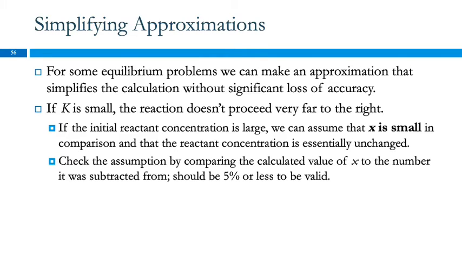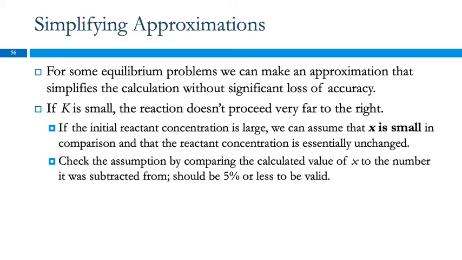Okay, so now that we've talked about the solver and how to do things, it's not exactly the hard way, but it does involve using a calculator, one that can solve problems for us. In some equilibrium problems, there are approximations that we can make that greatly simplify the calculation without affecting the accuracy much.